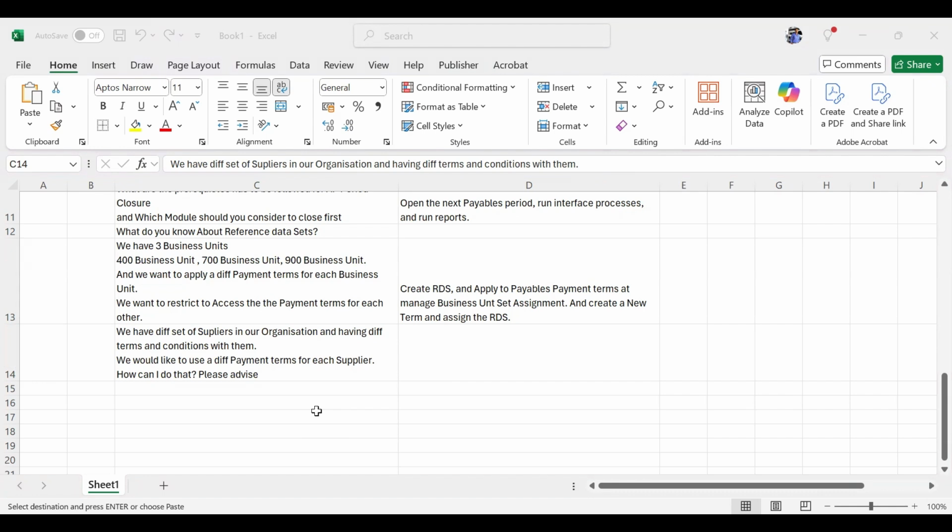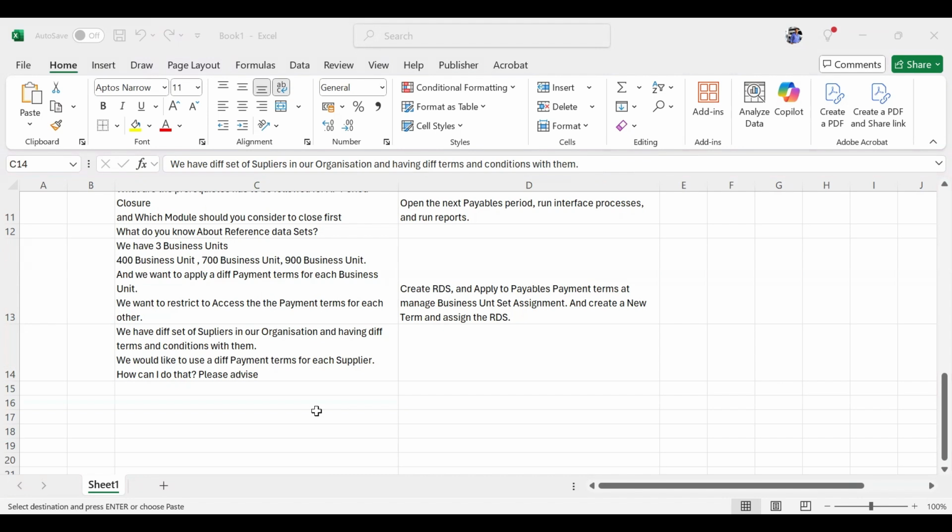So when you try to create an invoice using a supplier, first the payment term will be captured from your supplier side. If you don't provide any payment term for your supplier, then it will verify at manage invoice options. There you might have provided a default payment term, immediate or net 30 or something.